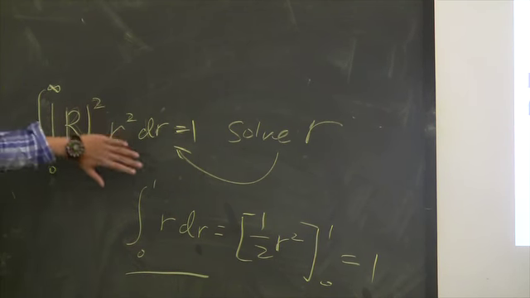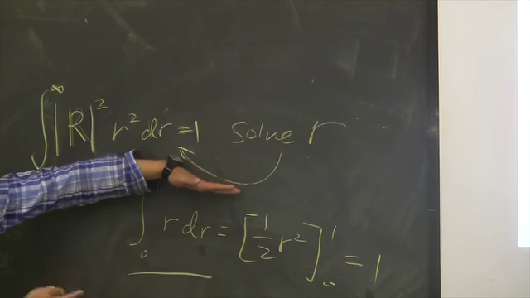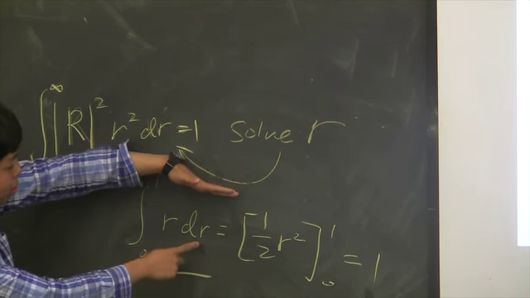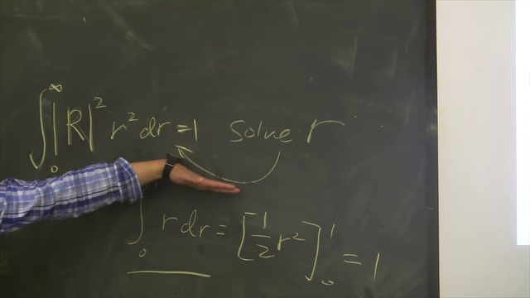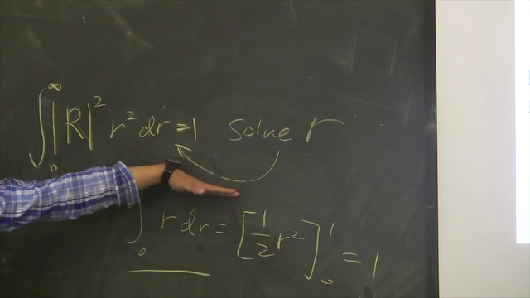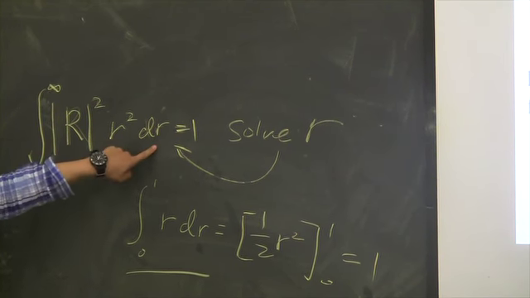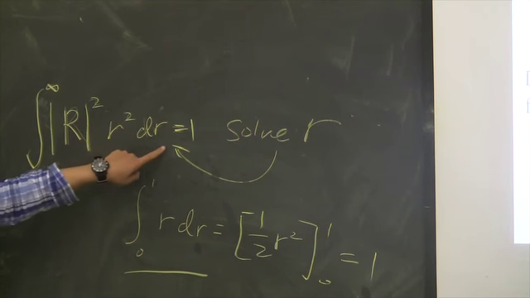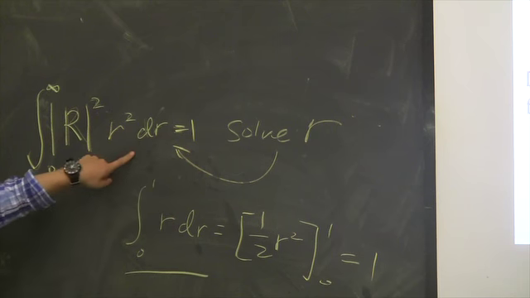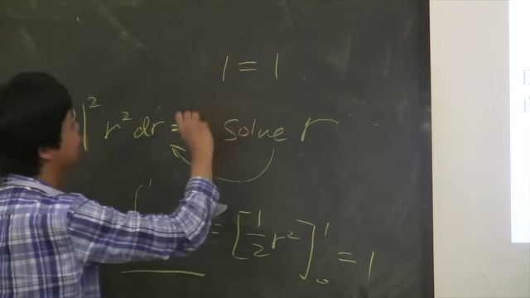But don't look at that, actually. Look at this, a simple example. You integrate with respect to r, then you end up with something without r. You will end up with something which is not r, which is 1. If you want to solve for r here, you will get 1 equals 1 on the last line.